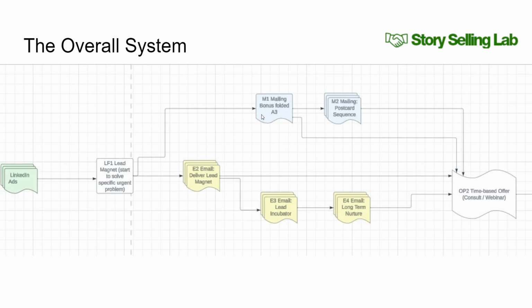So I use a direct mail service called Stannp, which is STANNP, and you can send a folded A3 document which folds down to a 4-page A5 leaflet, and you can send one of those for about £1. So this isn't very expensive. If you factor this into the cost of running LinkedIn ads, it's small change basically.